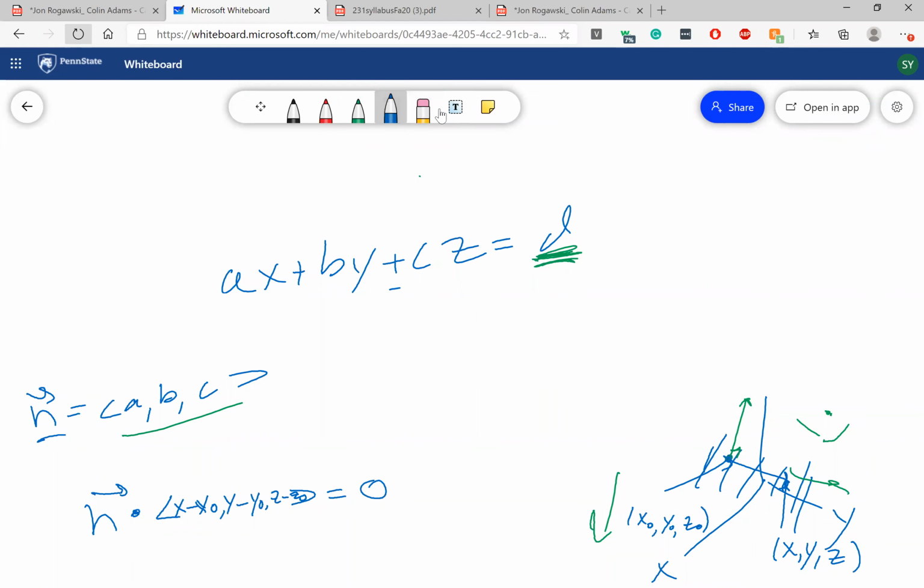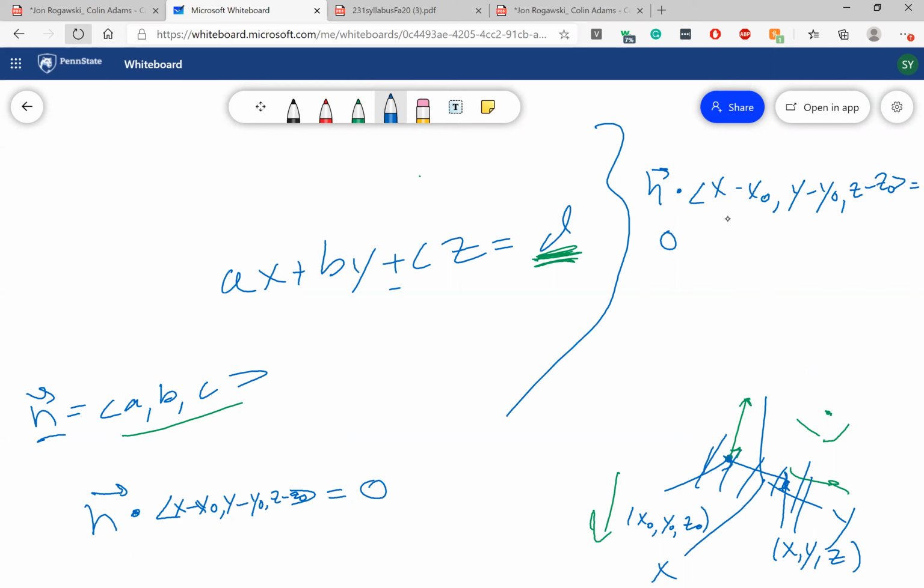The normal vector dotted with the vector x minus x0, y minus y0, z minus z0 is equal to 0.